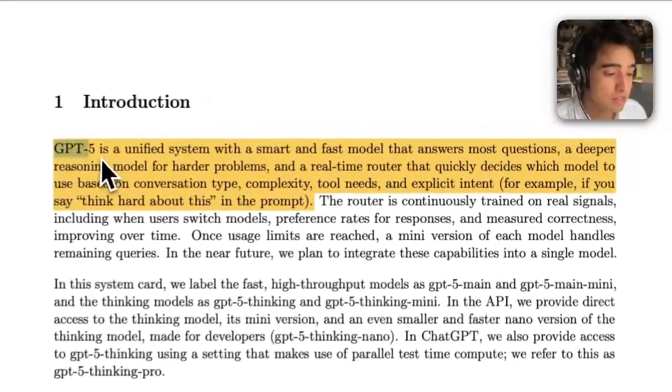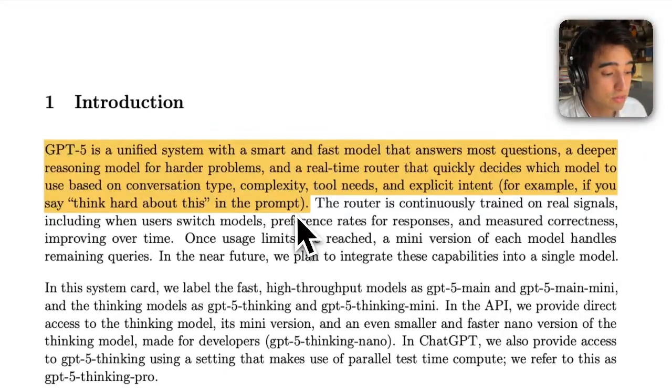So they say GPT-5 is a unified system with a smart and fast model that answers most questions, a deeper reasoning model for harder problems, a real-time router that quickly decides which model to use based on conversation type, complexity, tool needs, and explicit intent.